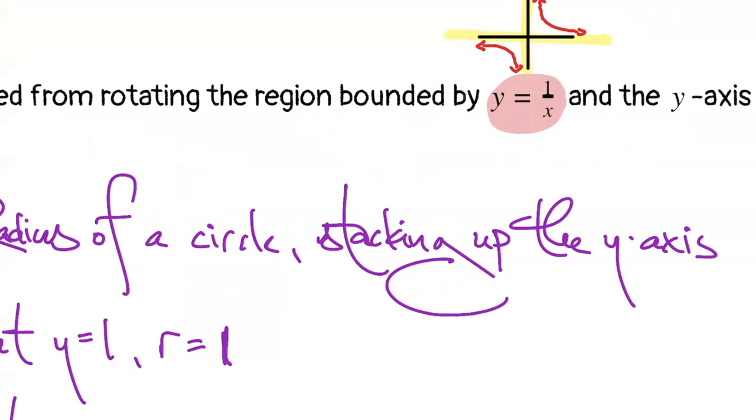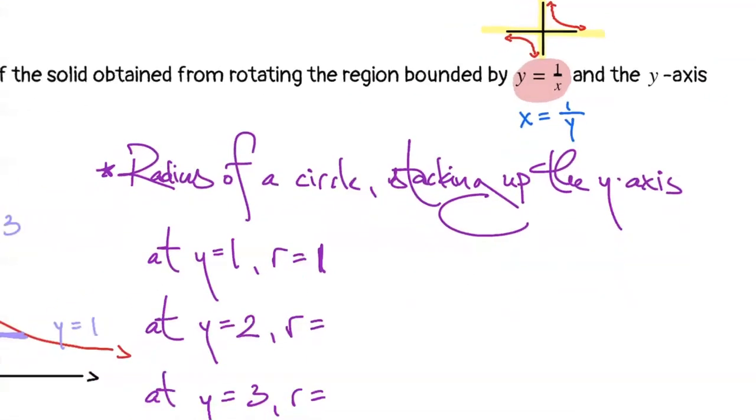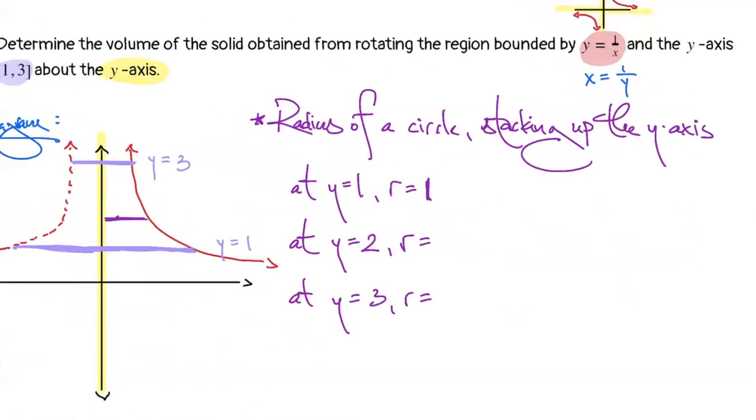Yeah, we have to do some work, right? So maybe now is the time to say, let me just solve for x right here. If we solve for x, we end up with x equals 1 over y. That might be easier to use to figure out what that radius is.